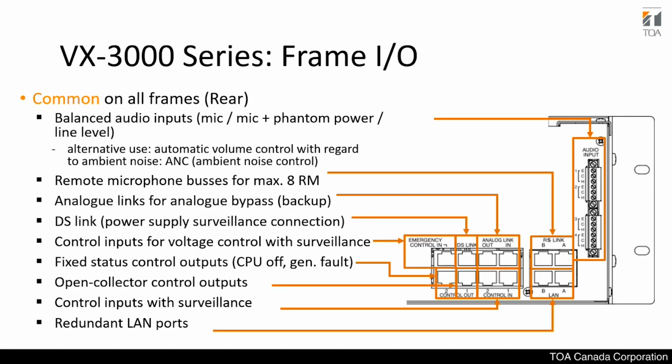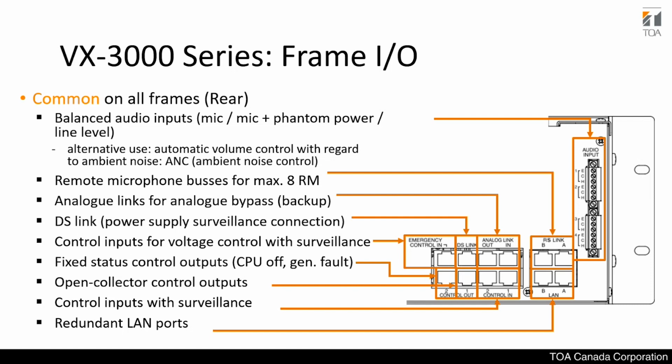So looking at the back of the VX3000, you'll see this common on all of the VX3000 frames. Of course, your standard audio inputs, there's 4 of them for each frame. That's a balanced audio input, by the way. So it's hot, cold, and earth, 3 wired. That's 600 ohms, I believe. The RS link, as I mentioned earlier, is the connector for the microphone.